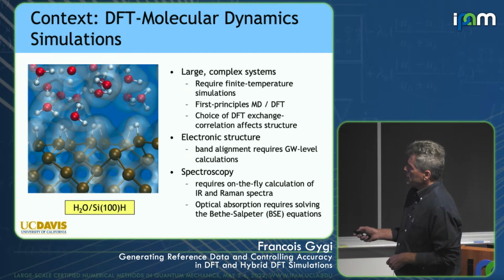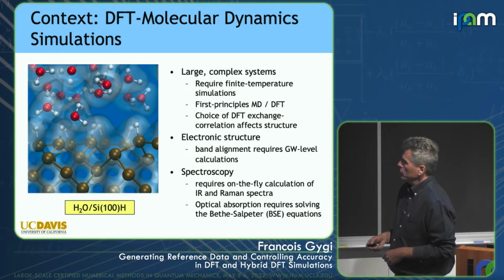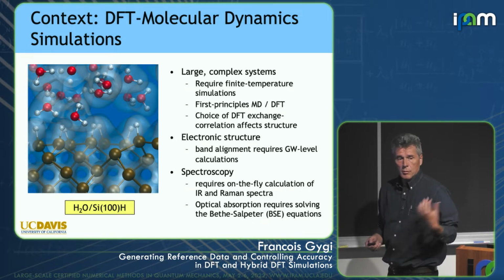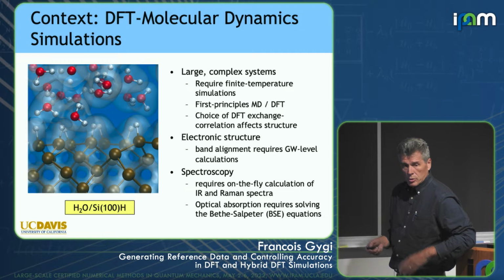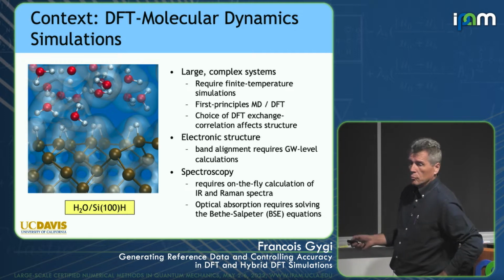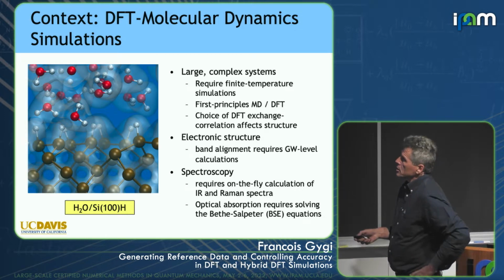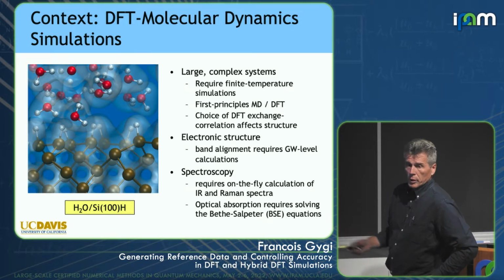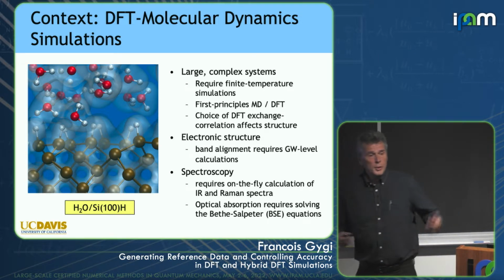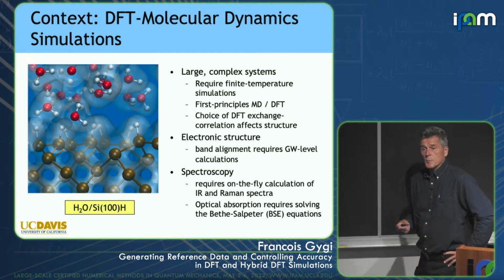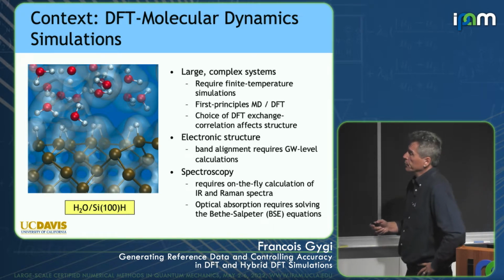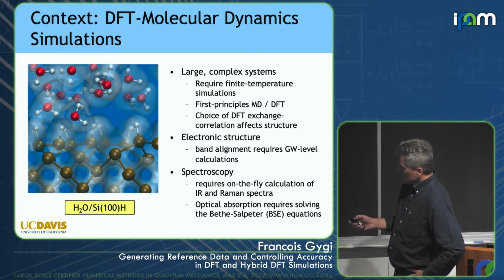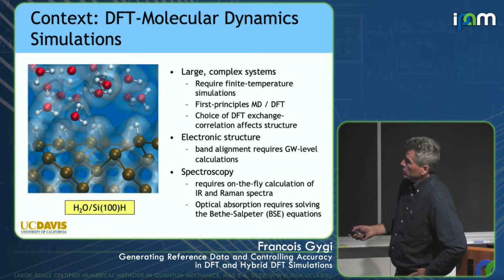And the critical thing is that the choice of the density functional theory or the exchange correlation level does affect the structure of these systems. In particular, one story that has been ongoing for decades is whether water is liquid in normal conditions if you choose different types of exchange correlation functionals. We're also interested in understanding the electronic structure, in particular excited states.